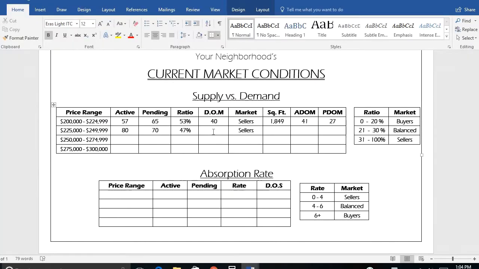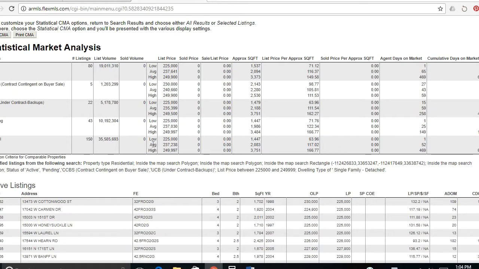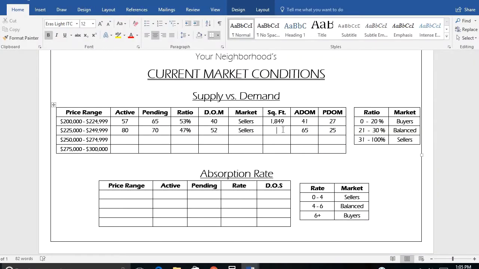So we go here. 52, 65, 25, is that what it was? Okay. And then average square footage, if we look at our average, 2,083. There we go. Okay, so done with that row.